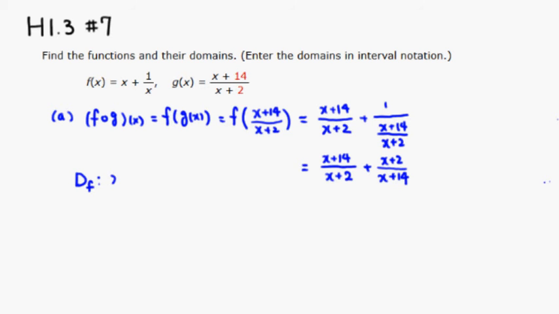Zero is the only bad number. And also the domain of g: when x equals -2, the denominator becomes 0, so we have to eliminate that. We want x not equal to -2.